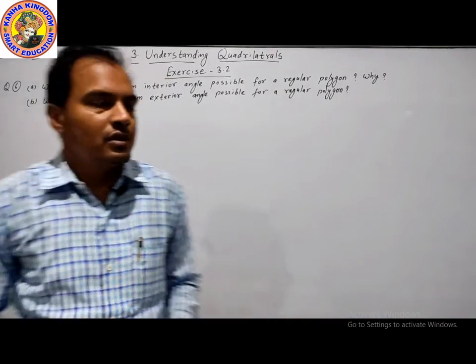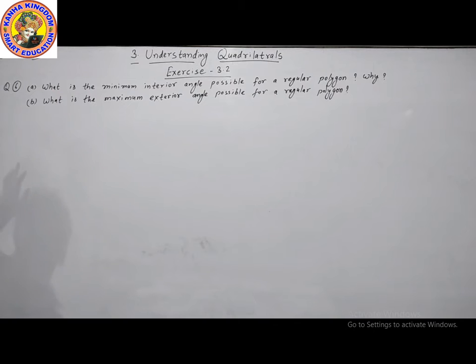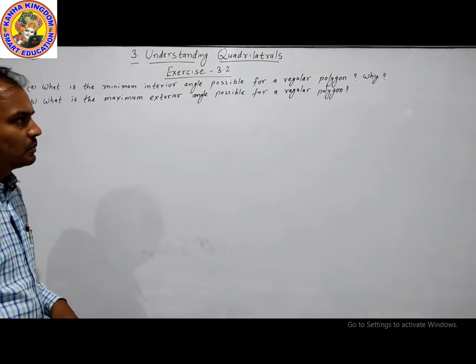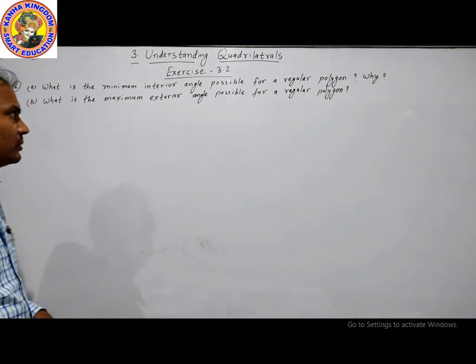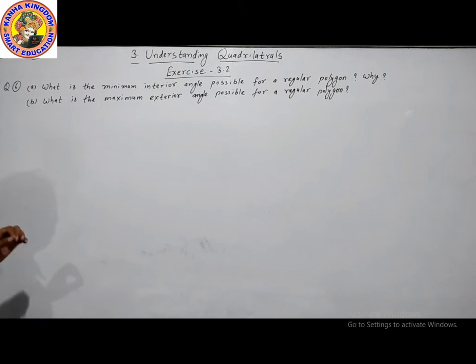Now our next question is question number 6a. What is the minimum interior angle possible for a regular polygon? In a regular polygon, we have equal angles and equal sides. The number of angles and the number of sides will be equal.